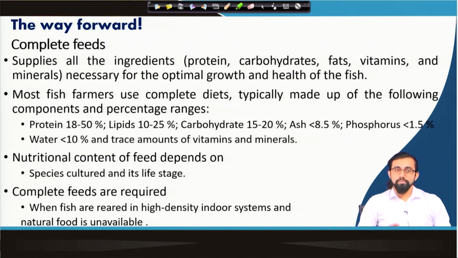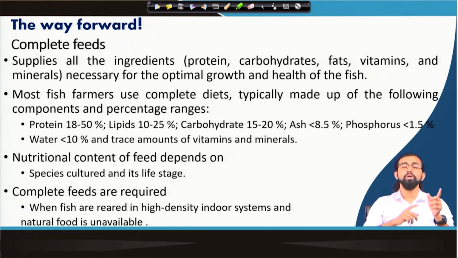So the way forward is the complete feeds, that's the future. Especially because we'll be talking about intensive aquaculture throughout the coming lectures, where we'll be discussing complete feeds. Complete feeds should have all the ingredients: protein, carbohydrate, fat, vitamins, minerals, at a particular ratio which is very beneficial for the optimal growth and health of the fish.